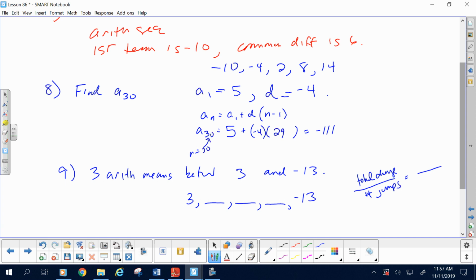So I'm curious, are you hopefully finding the common difference?